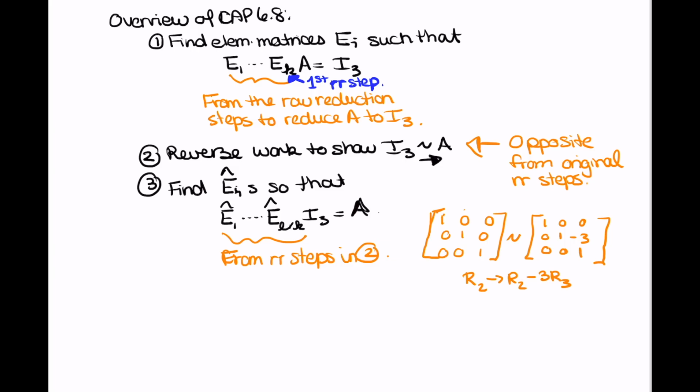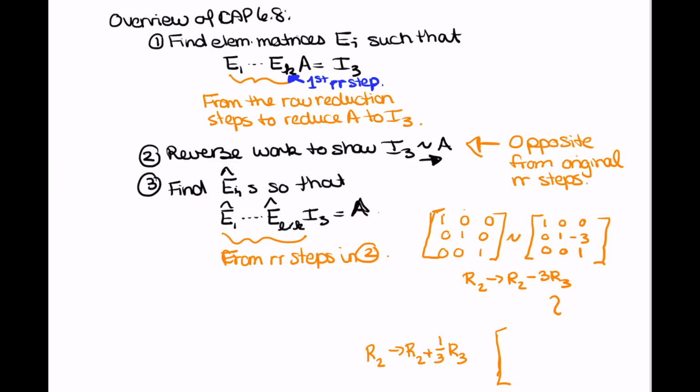Okay. Now, if I then want to get back to the identity, to reverse this, then what do I have to do? Well, the only entry that needs to change is that negative 3. And so I have to take R2 to R2 plus, well, I wrote 1/3 there, but I can actually see now that that's a mistake.